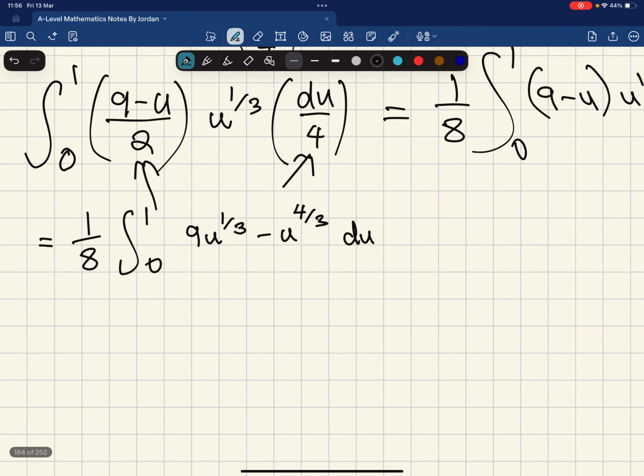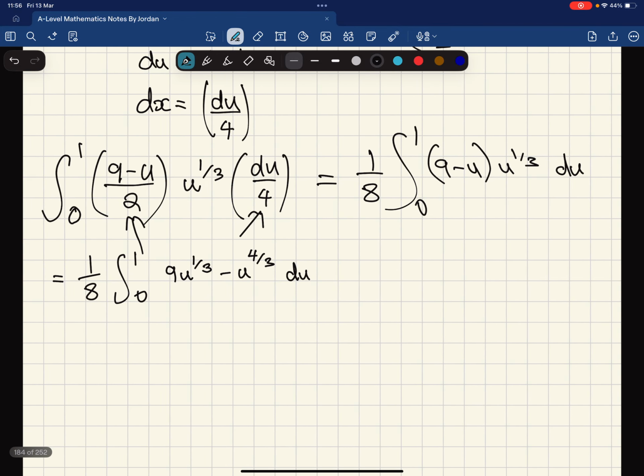So we're not far off now. We've got 1/8 there. Sorry, I shouldn't write a curly one because we're actually evaluating the integral now, aren't we? So increase the power by 1 and then divide by the new power. That would be 4/3, and reciprocating that is 3/4.